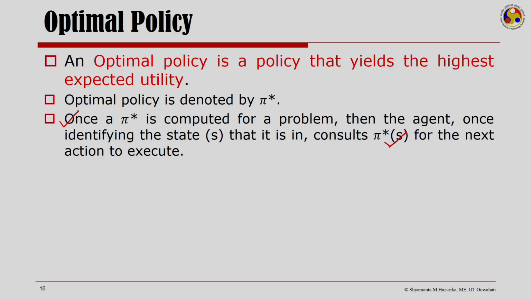So, in a sequential decision problem, once we have somehow arrived at the optimal policy, whenever the agent needs to take an action, it will consult the optimal policy for the next action to execute at a given state.